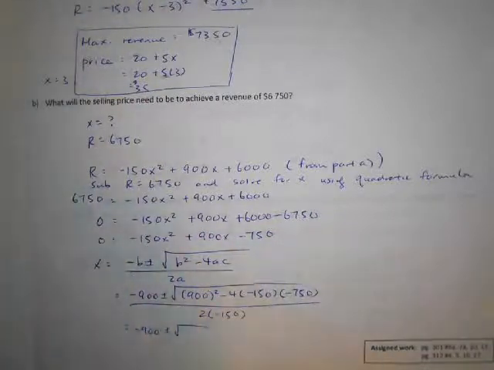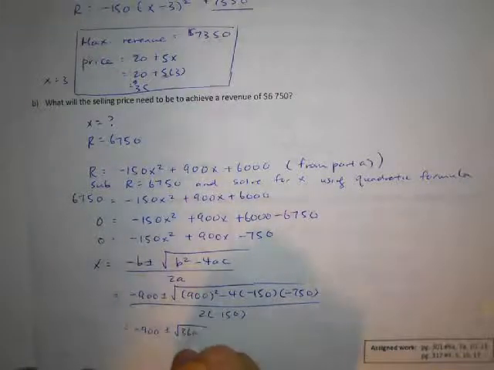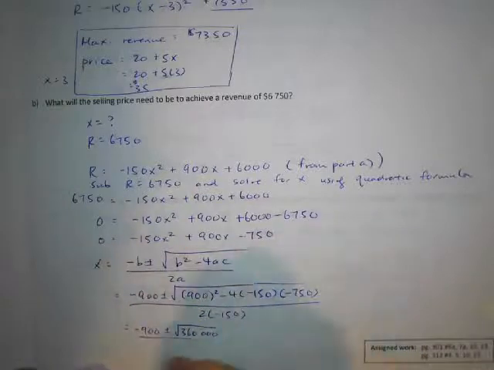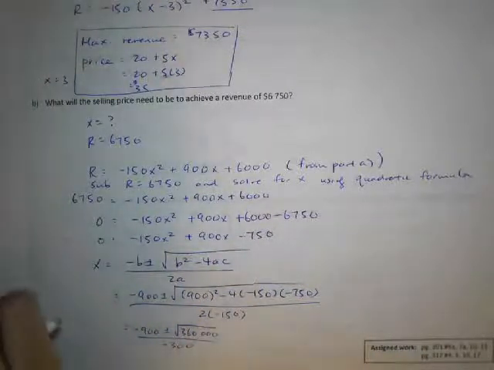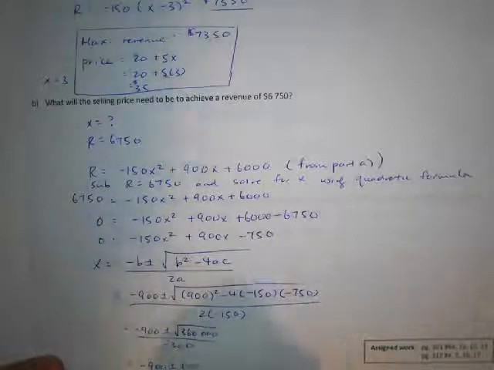Let's see what that is. Probably typed in something wrong. Let me check the code again. $360,000 is what I got. And that does give us a nice number. Square root of that is 600.